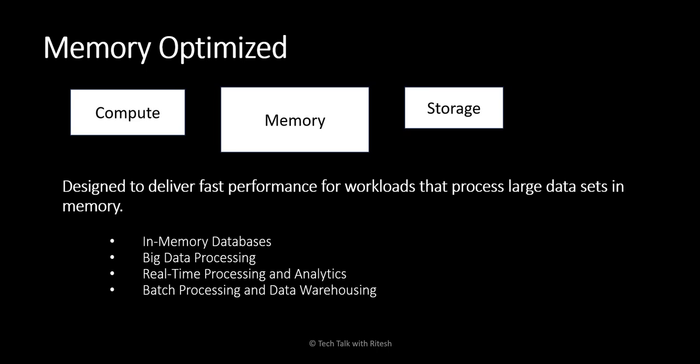For example, maybe we are using Redis, right? So in this scenario we need more memory so that we can deliver real-time fast performance for that workload. So a memory optimized EC2 instance can be the right fit for this use case.